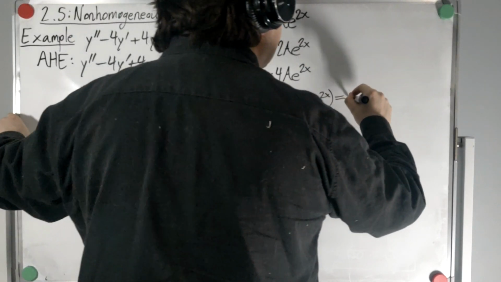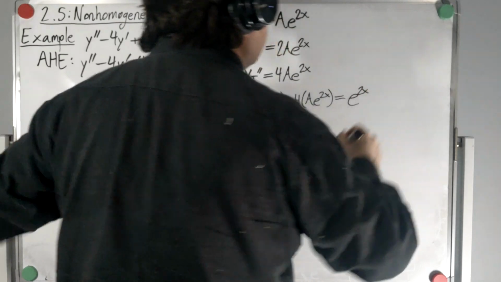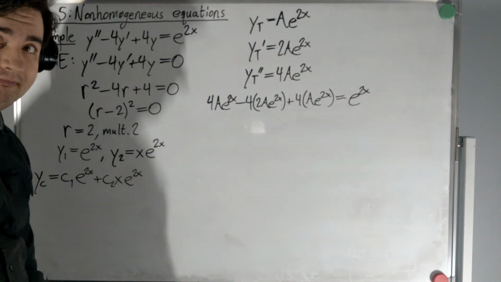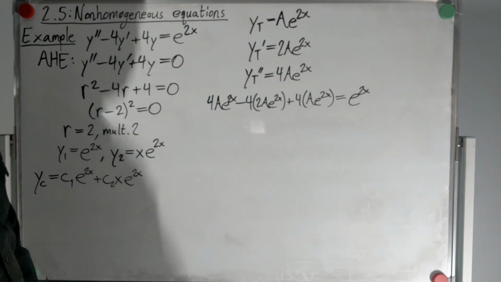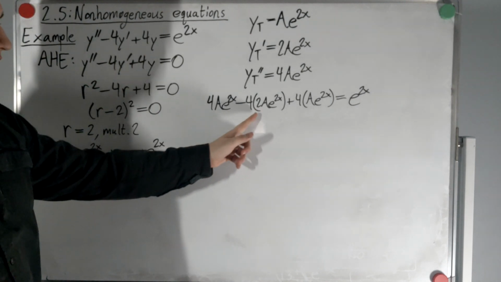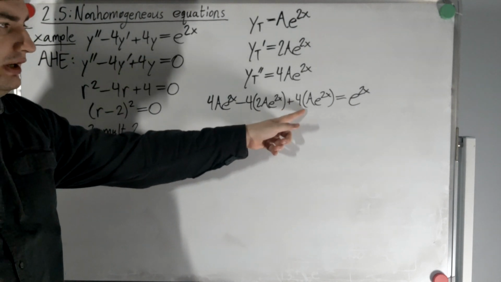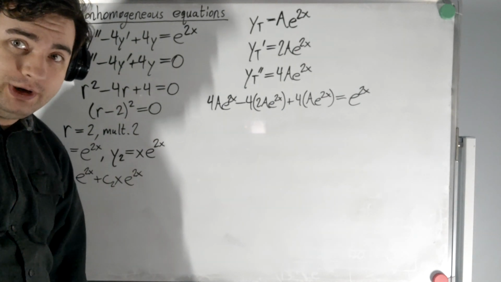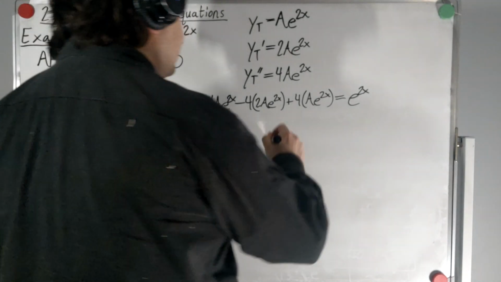This should be equal to e^(2x). All right. Well, let's see here. We have 4 - 8 + 4. I'm pretty sure that's just 0a e^(2x).